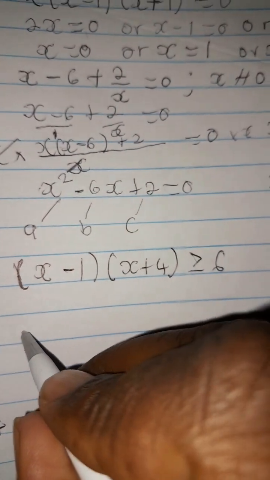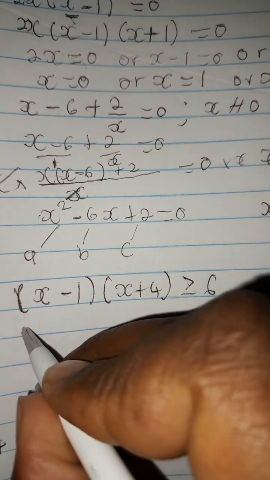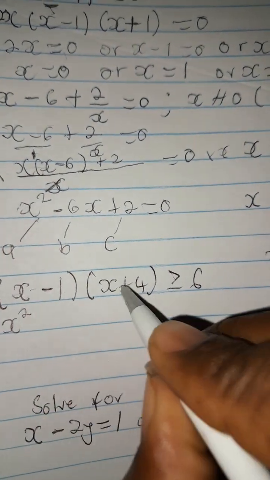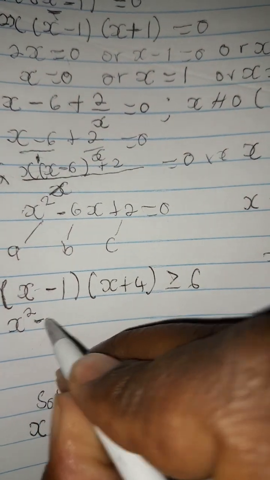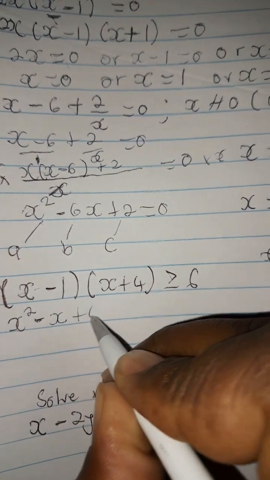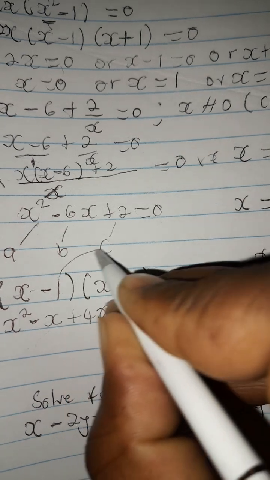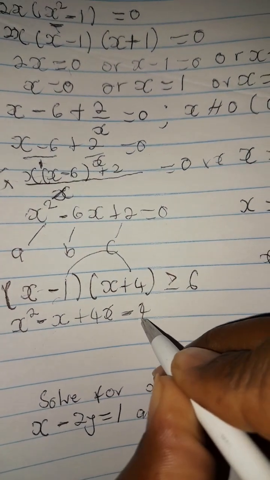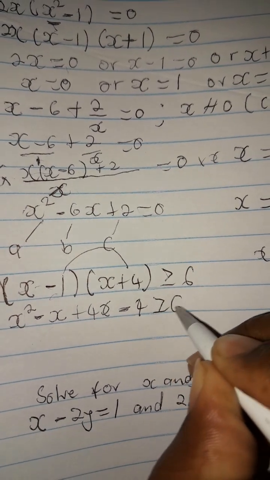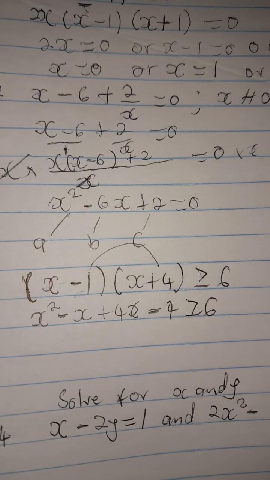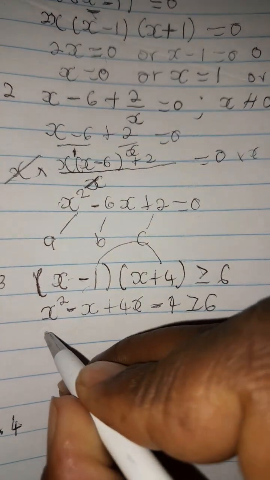Okay, so from here, we could just say this will be x squared, x times x, -1 times x, this will be -x, 4 times x, that will be positive 4x, and -1 times 4, that's gonna be -4, greater or equal to 6. So we use a FOIL method, or you can use a distributive property.